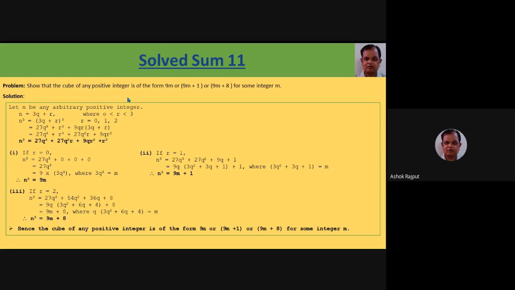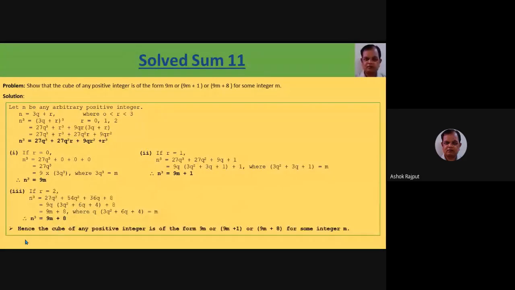As given in the question, it is in the form of 9m, 9m + 1 or 9m + 8 for some integer m. Here the value of m is different in each case, but it is in the form of 9m, 9m + 1, 9m + 8 in the first, second and third steps.